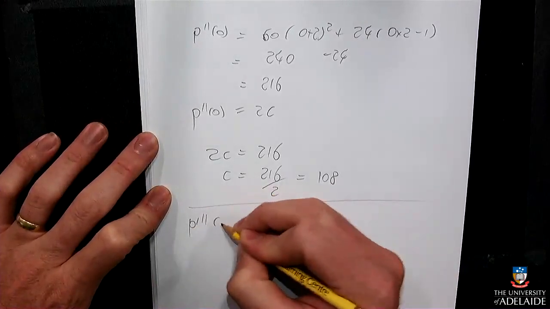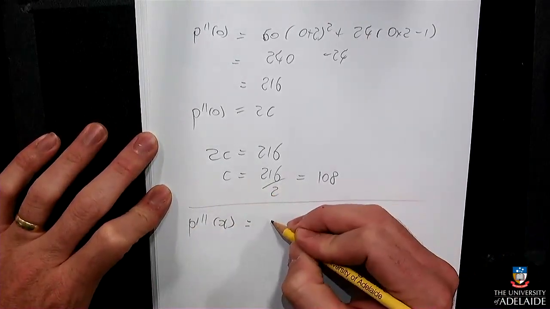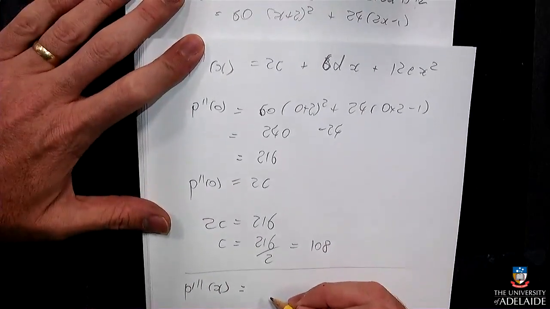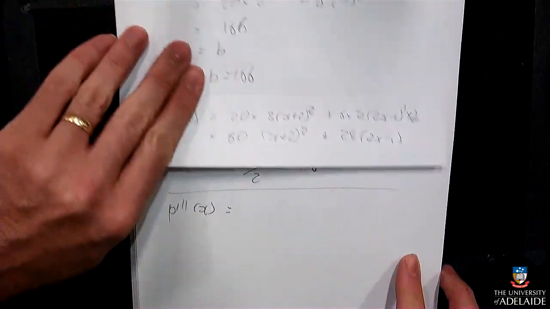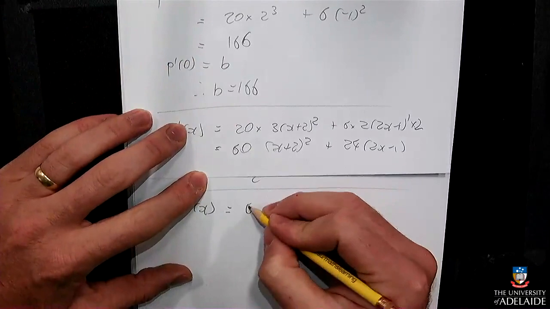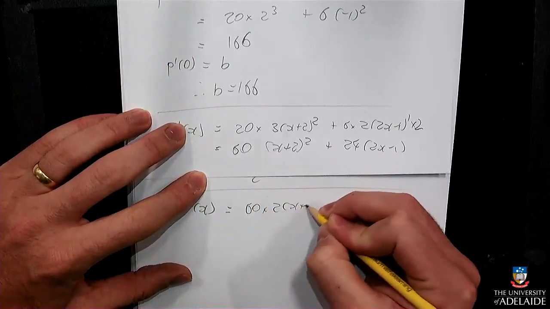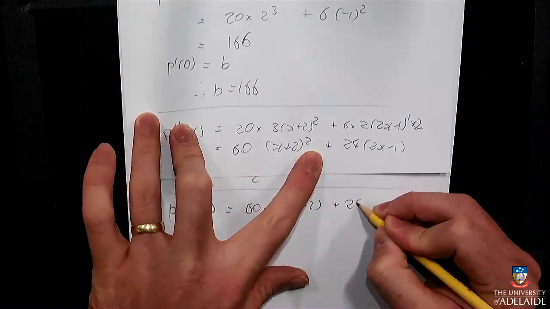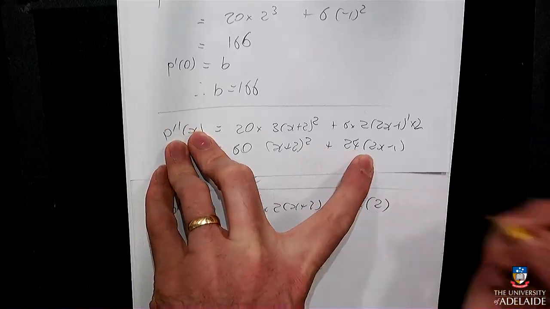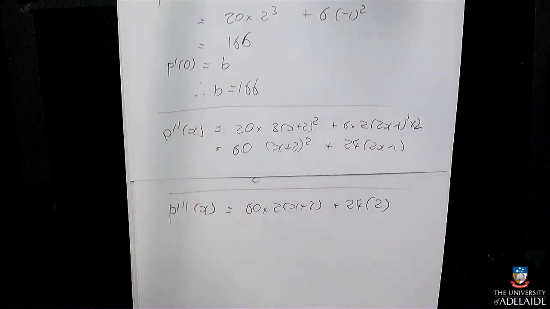Let's do our third derivative. So third derivative of the original function, I might have to bring it down. 60 times (2x + 2) plus 24 times 2, because that's the derivative of what's there.